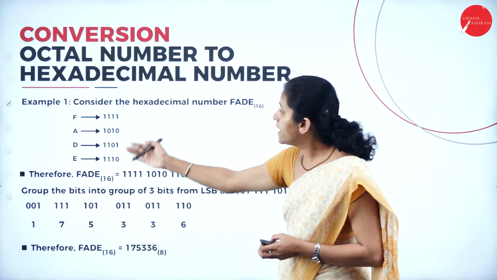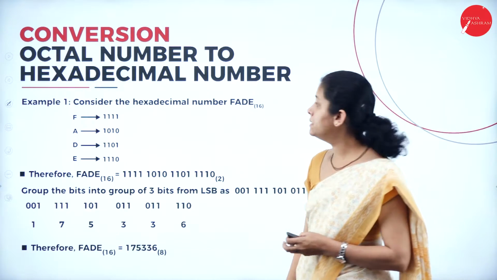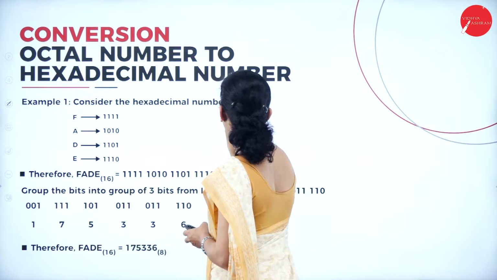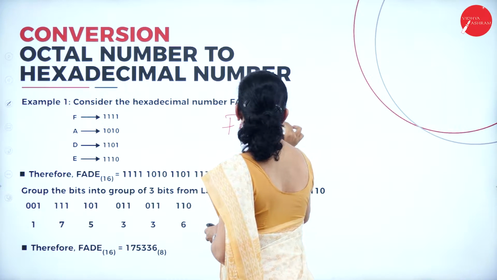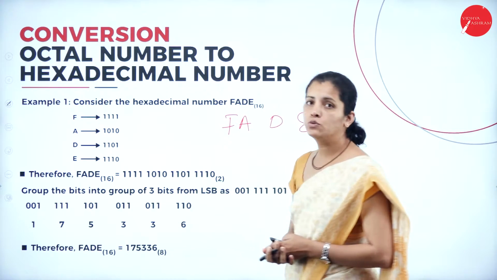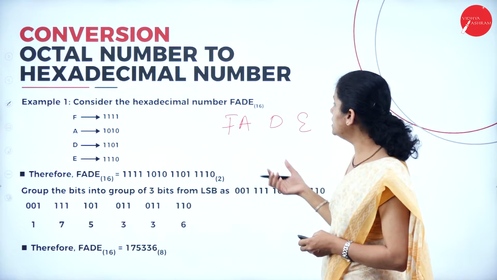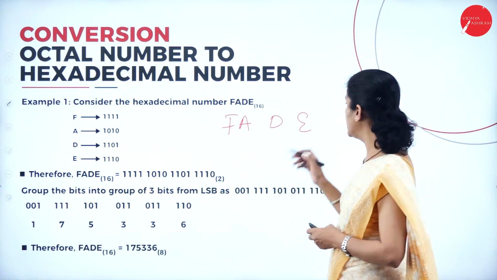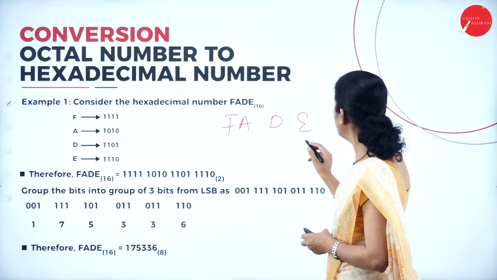Now, see, this is the example I'm going to have here. So I have F, A, D, E. First, I want to write the decimal equivalent.